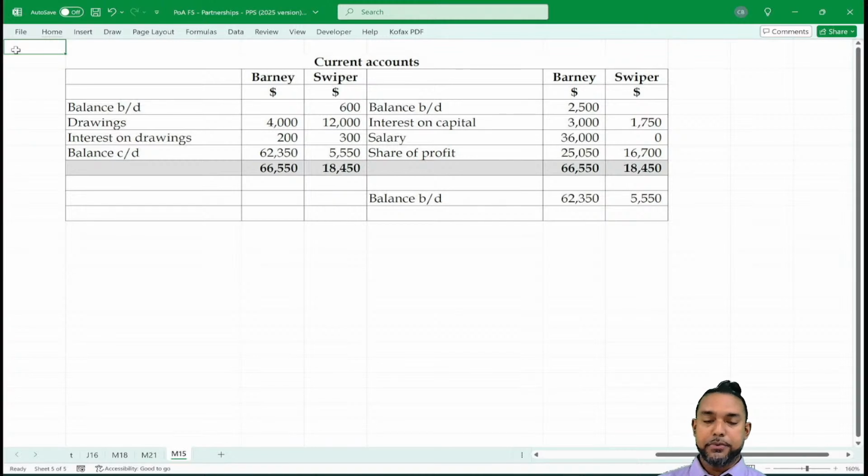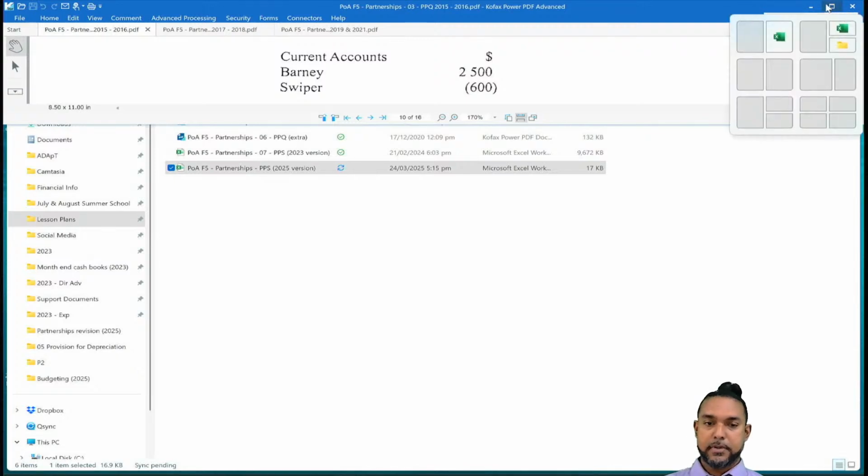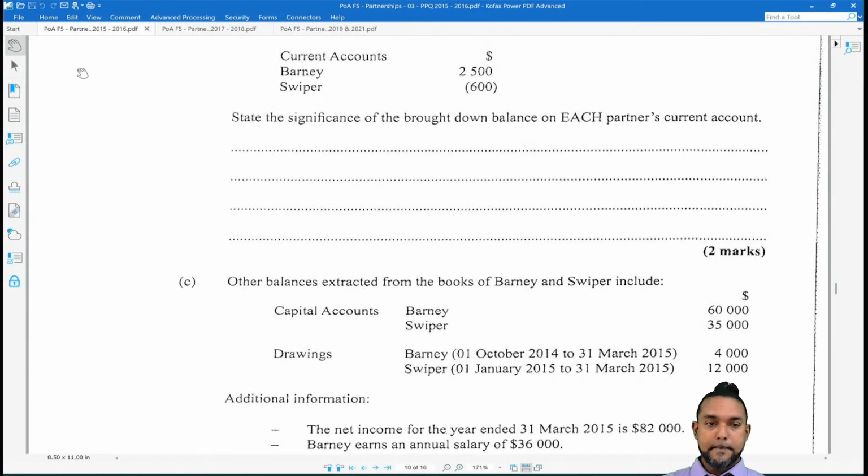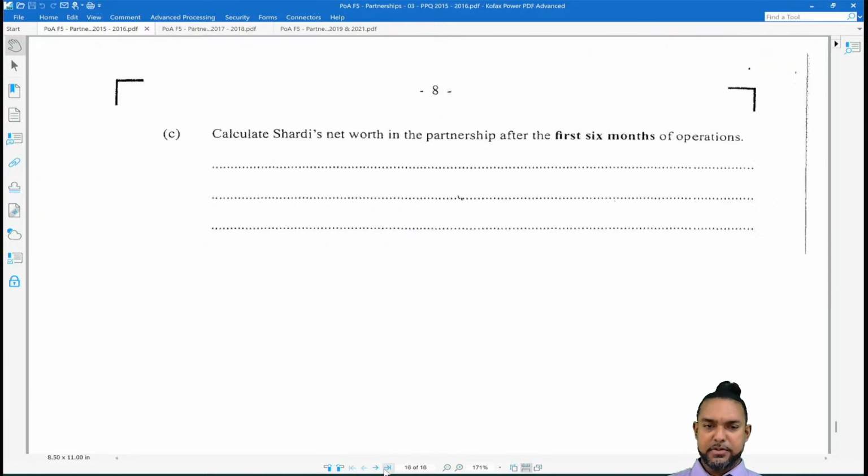All right, so what we're going to do now is find a couple of questions where we have both appropriation accounts and current accounts to do. Maximize this. Go back to the first page here. Sure, I might have journal entries.